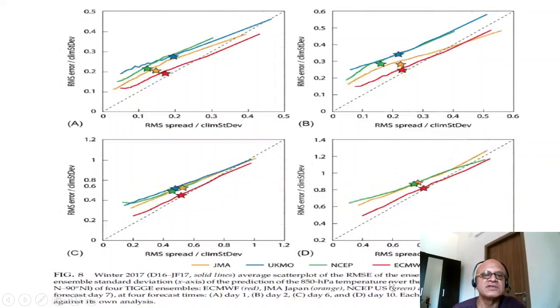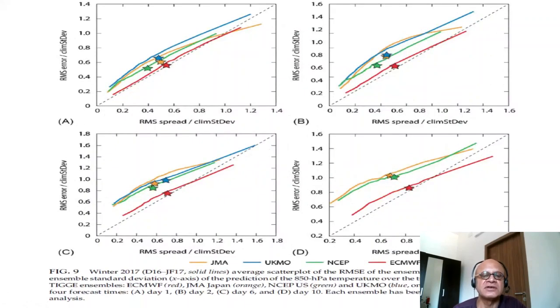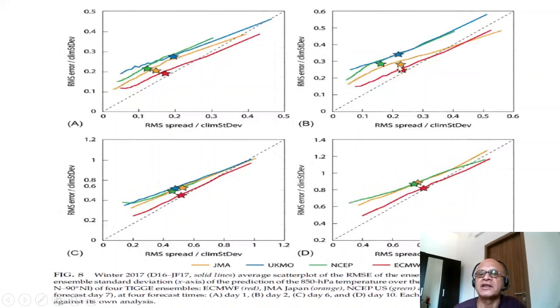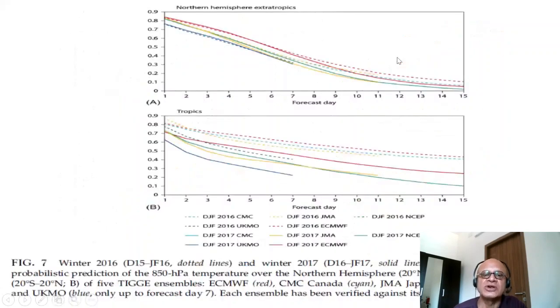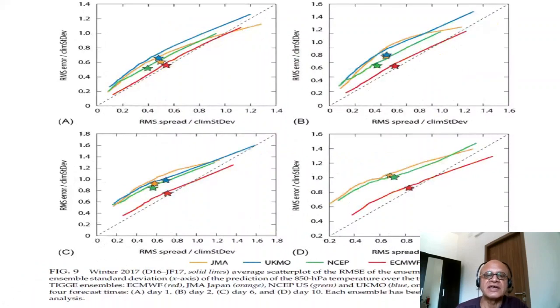Okay, so this is the northern hemisphere and this is the tropics, and there are systematically larger deviations that correspond to the larger or shorter lead times and faster error growth or model uncertainties in this case as the lead time increases.